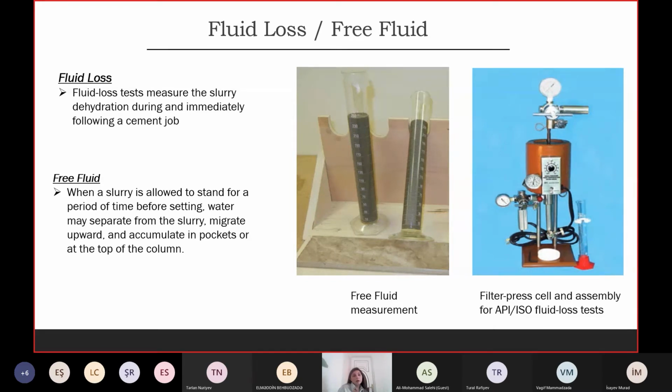Why? Because you will come there and you want it to lose its water as soon as possible, and as soon as it loses its water, it will set, right? Immediately set. If you have a lost circulation problem, you would like this loss to be cured as soon as possible. That's why high fluid loss is required in squeeze jobs.